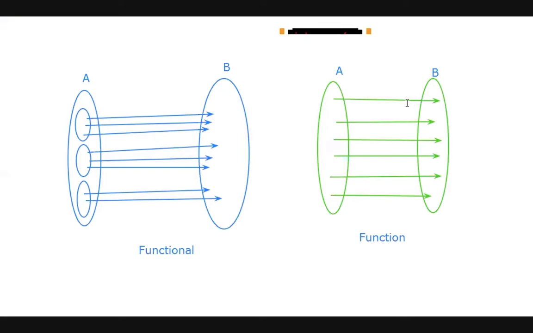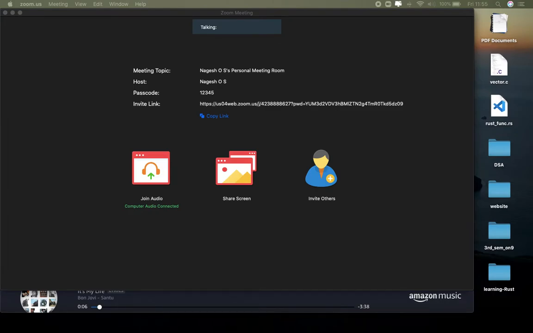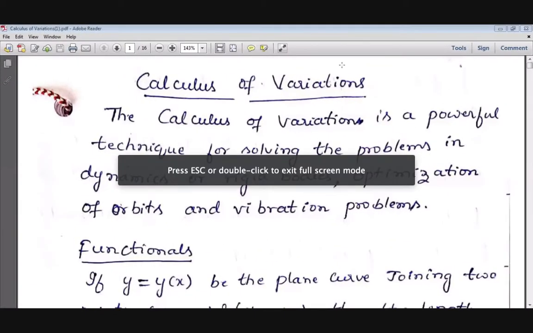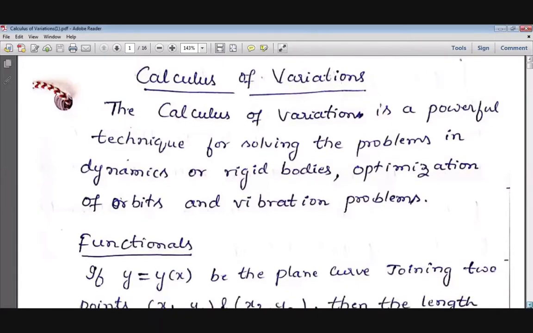You just note the difference. I will show the actual definition and I will tell what exactly the meaning is. Calculus of variation, functional. Now we'll come back to this definition, then you will understand.